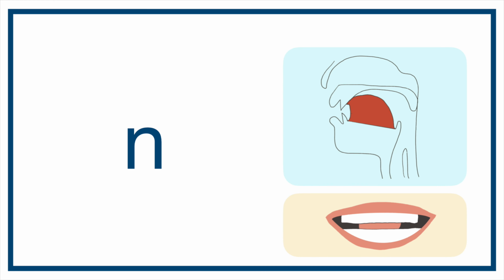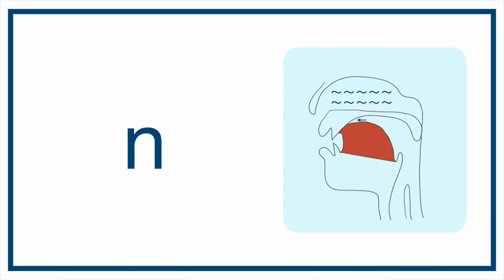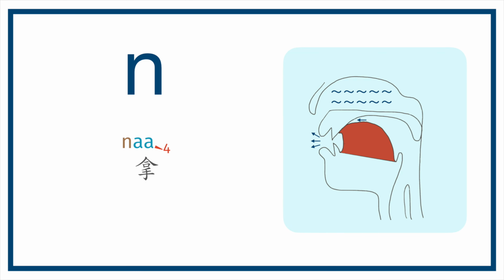N is a nasal sound. To pronounce n, first put the tip of your tongue on the alveolar ridge, then vibrate your nasal cavity and let the air go through your nose at the same time. N, n, na, na.